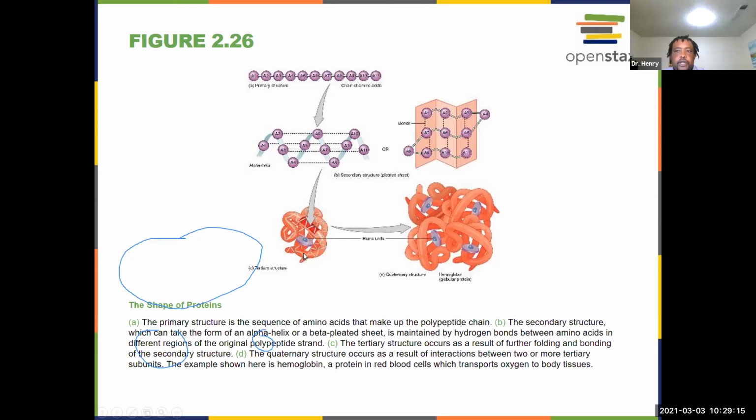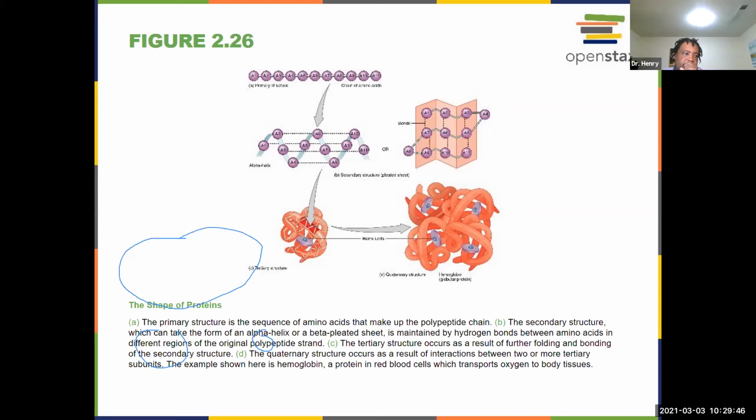In our tertiary structure, we get some weird folding. Regions of that polypeptide interact with each other to form some type of structure. Your quaternary structure is when you have other subunits coming in and interacting. If you have multiple subunits that come in and interact together, that's going to be your quaternary structure.